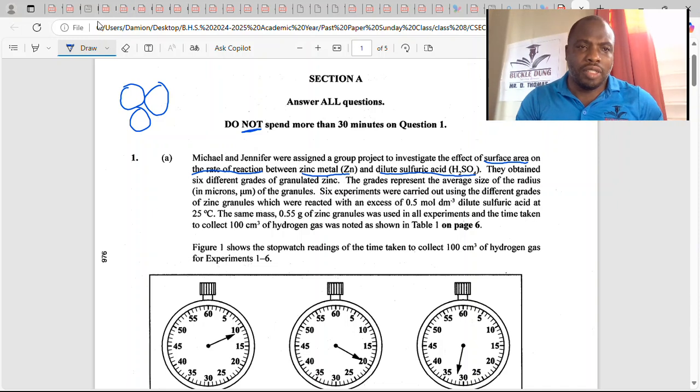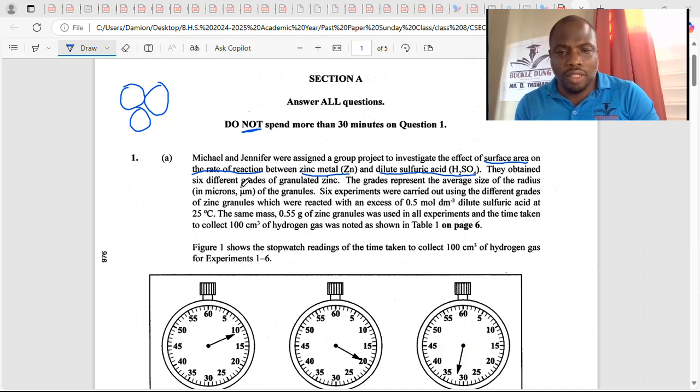The zinc metal would be reacting with the sulfuric acid, the metal takes the place of the hydrogen, we get the salt, and we end up with hydrogen gas.